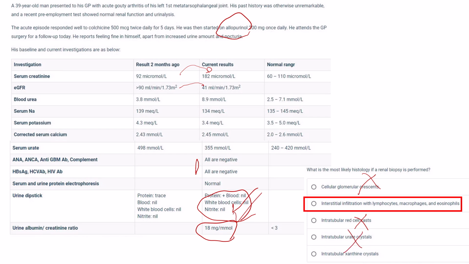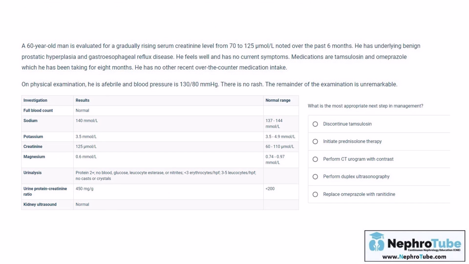Urate crystals occur mainly in tumor lysis syndrome, as we mentioned in that lecture, and the urate level now is controlled. Yes, allopurinol may cause intratubular crystals, but the presentation here is usually of acute interstitial nephritis. So what you will find on biopsy is interstitial infiltration with lymphocytes, macrophages, and eosinophils. Next case.